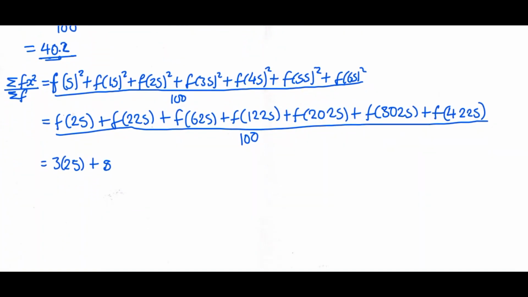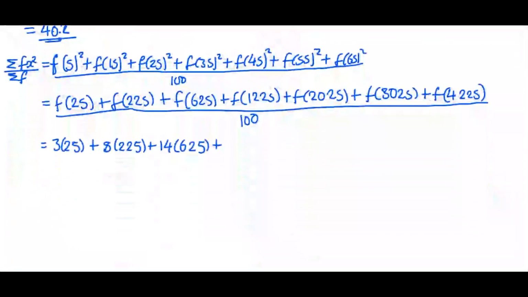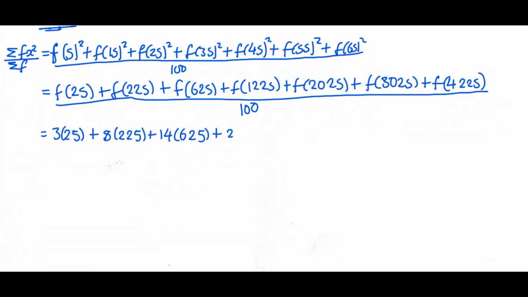So 8 times 225, plus 14 times 625, plus after 14 what do we have? 22. So 22 with 1225.